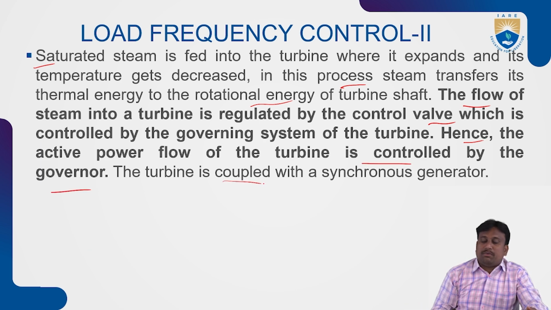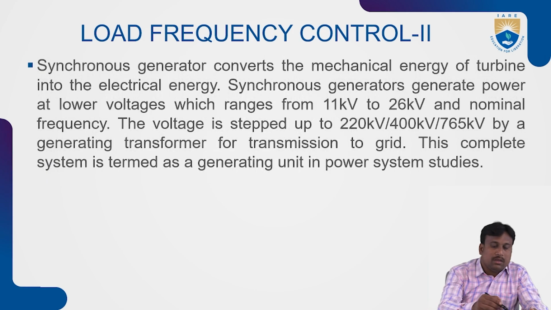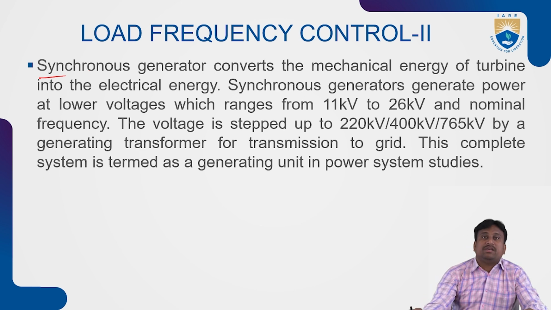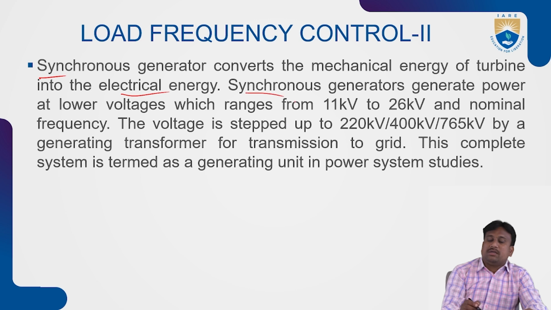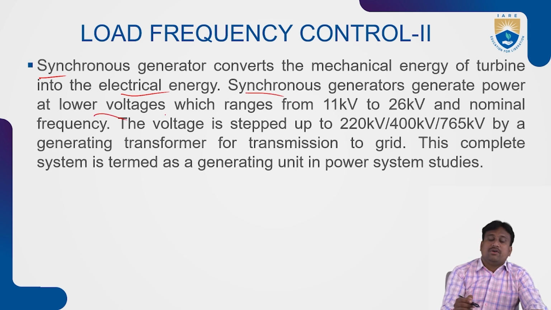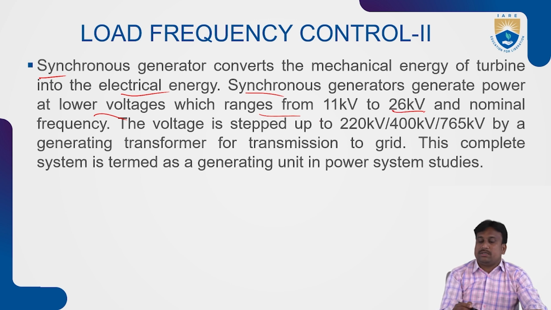The turbine is coupled with a synchronous generator, which converts the mechanical energy of the turbine into electrical energy. Synchronous generators generate power at lower voltages, ranging from 11 kV to 26 kV, and operate at nominal frequency.